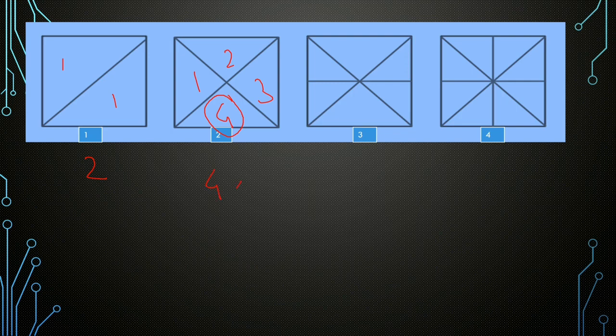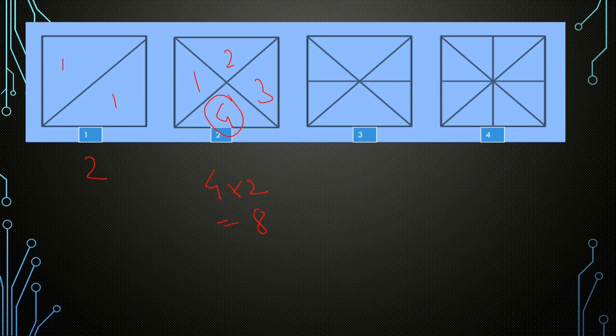So just write 4 and take it twice. 4 multiplied by 2 is 8. And you will observe there are 8 triangles. You may use the vertex method or any other method and check whether this method works. So there are 8 triangles.